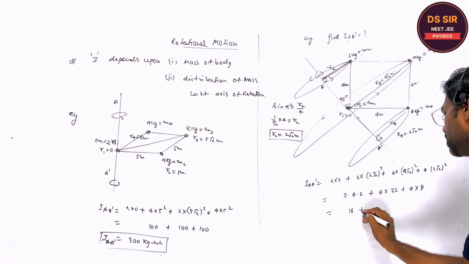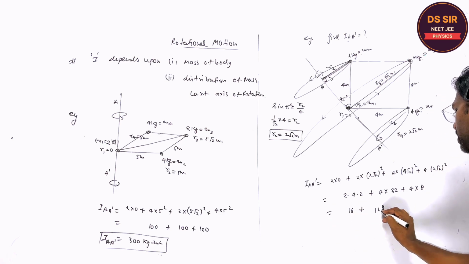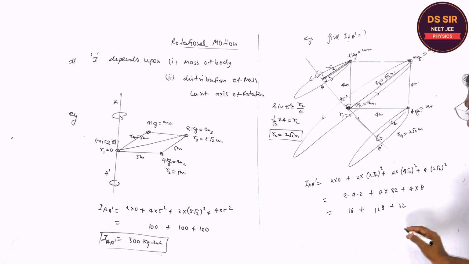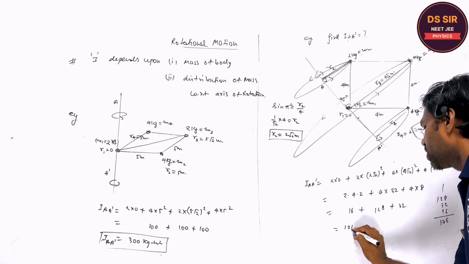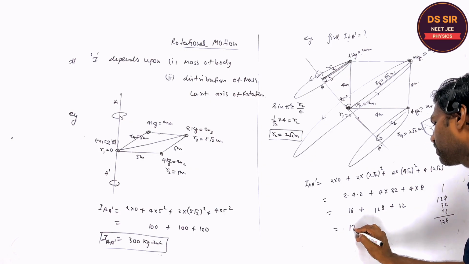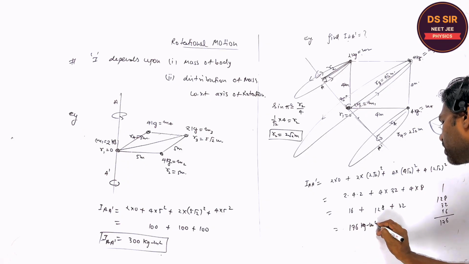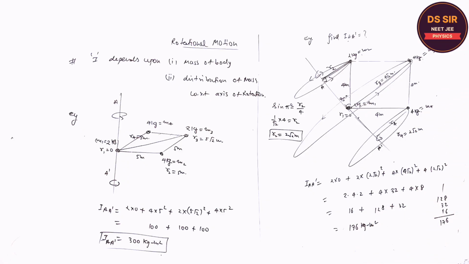Right, 16 plus 4 twos are 8, 4 threes are 12, fours are 32. Right, 128 plus 32 plus 16, carry 1, 5 and 2 is 7, 176 kilogram meter square is the moment of inertia. Right.